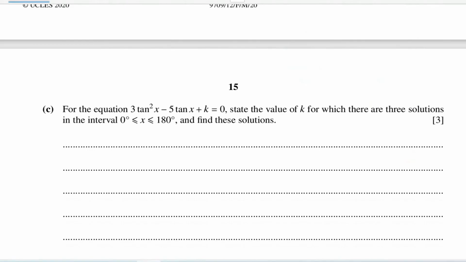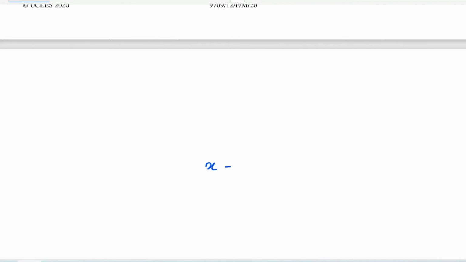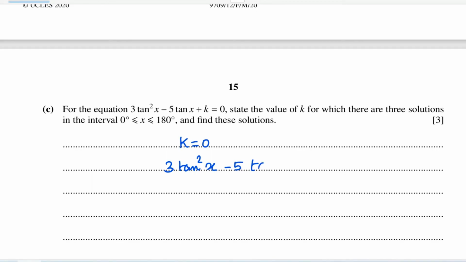So in order to make tan x equal to 0 from this given equation, we will take the value of k as 0. Okay, k equal to 0, then we get 3 tan square x minus 5 tan x equal to 0.